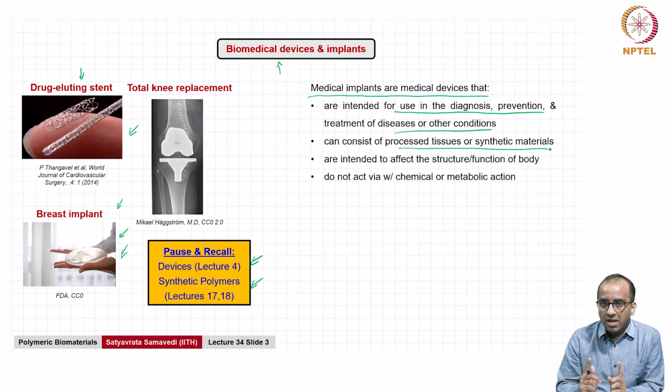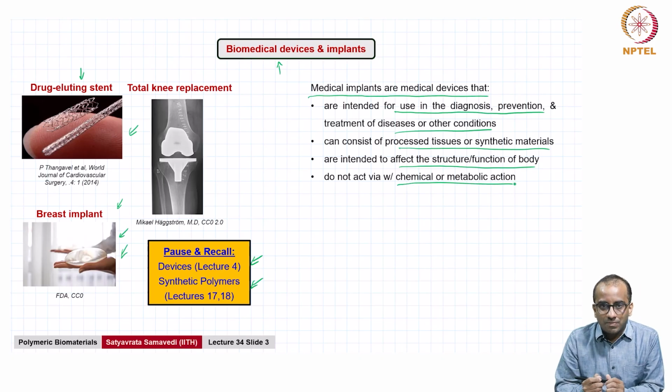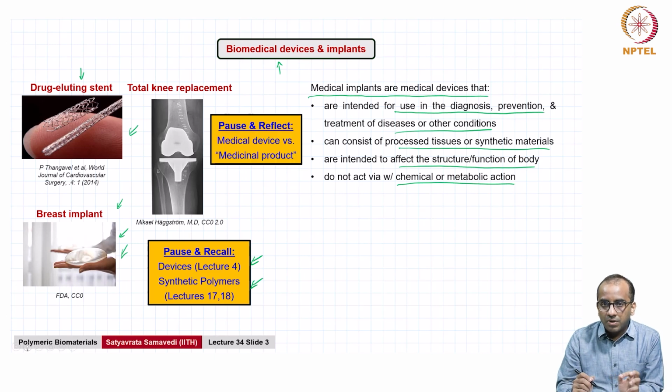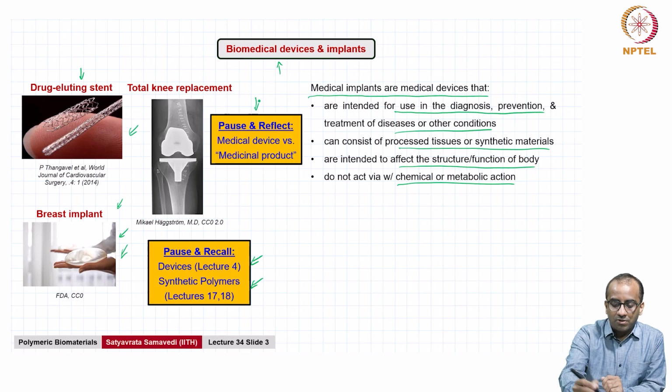But one key aspect to keep in mind is they are intended to affect the structure and function of the body without chemical or metabolic action. That's a very important distinction that separates medical devices from medicinal products. So that's good to pause and reflect on here.